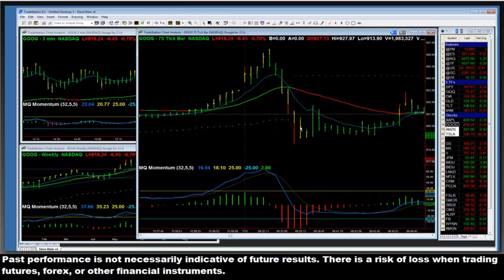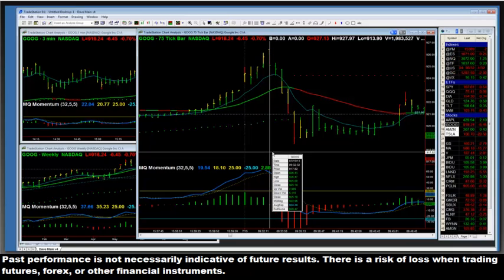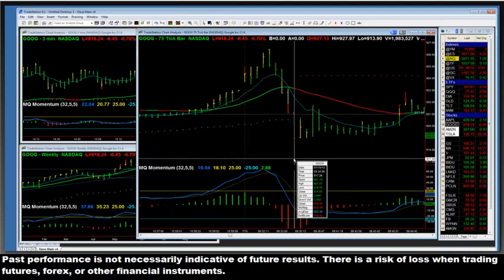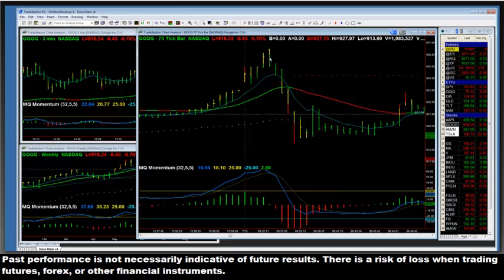That is a 7-point move. We had 10 contracts. We made a little over $2,300 in that one move, and we went short at 9:32 in the morning. This is 9:34, 9:35. This is 3 minutes. Made $2,300.